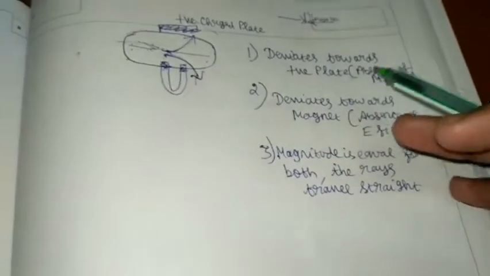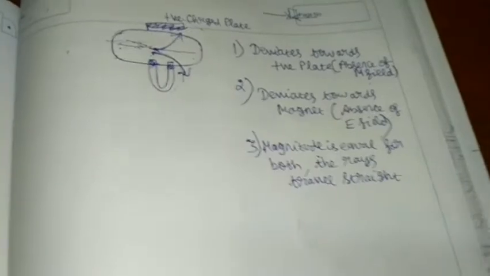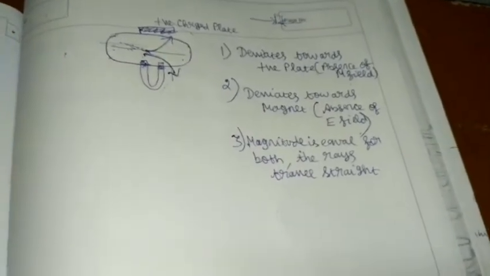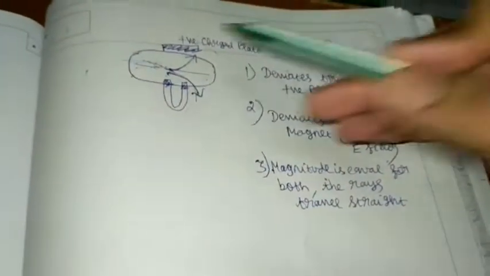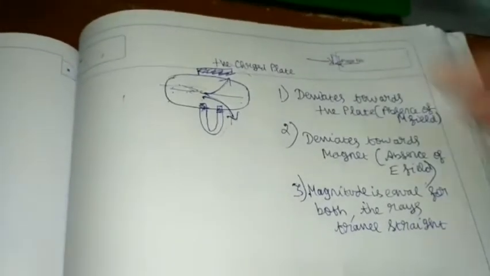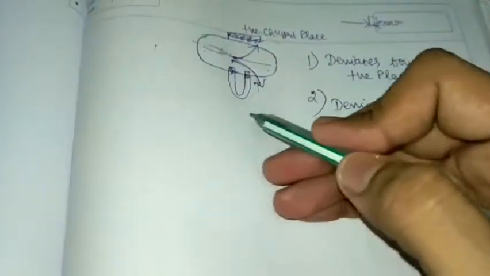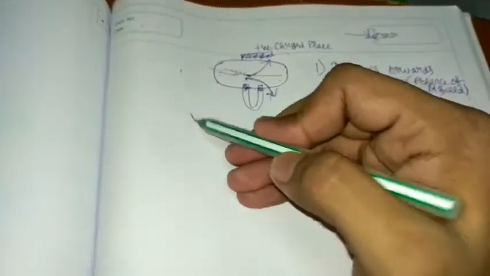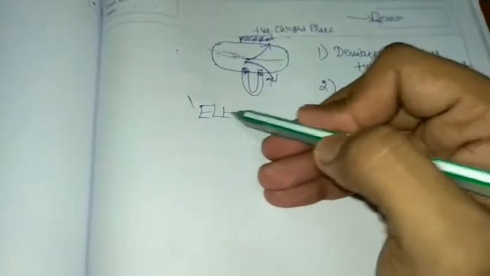So at this point, they found that the properties shown by the cathode rays were similar to those of a negatively charged particle. So basically there can be positive charge or negative charge, right? These properties were shown by negatively charged particles, hence they termed this as electrons.